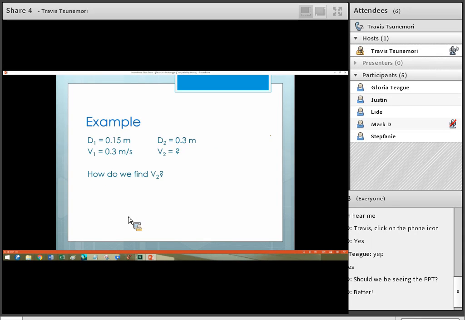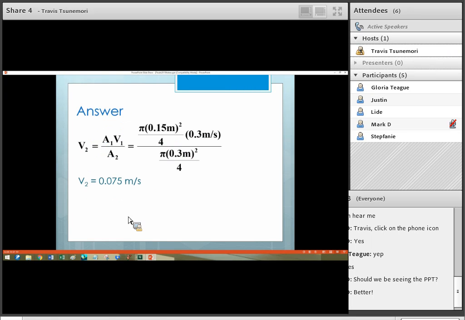But the first thing we have to do is calculate our area, right? Because it's V1 A1 equals V2 A2. So the cross-sectional area is pi d squared over 4. And if we plug in our numbers, we get pi d squared over 4 times the V1, which is 0.3 meters per second, and we divide by the cross-sectional area at the second location.